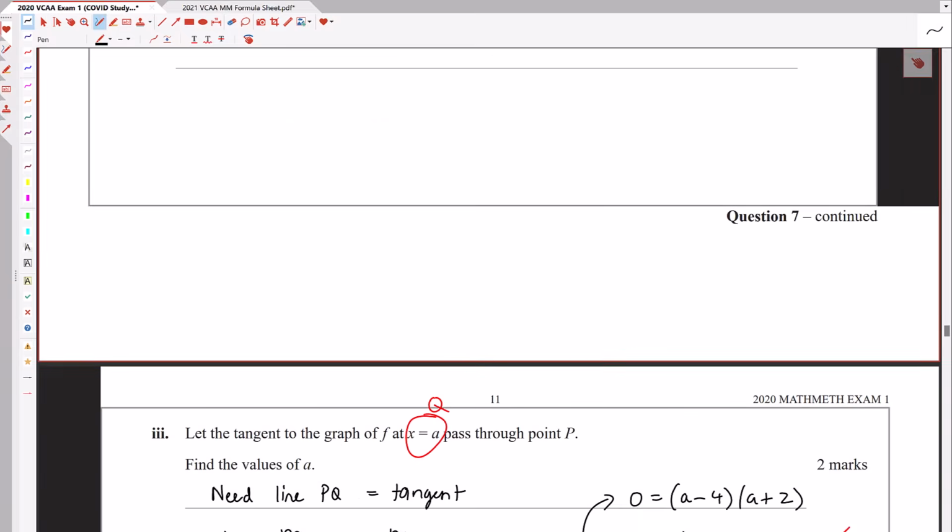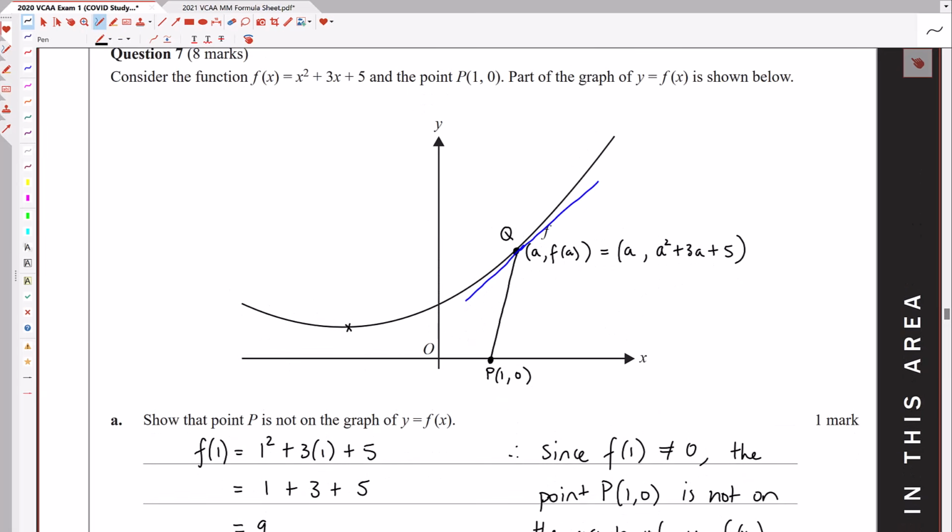Now let's go up to our original graph here. Point P is on the x-axis. At the moment, if this is f of x, the shortest distance to f of x, which is when k is 0 because we haven't translated it at all, is going to be something like that.